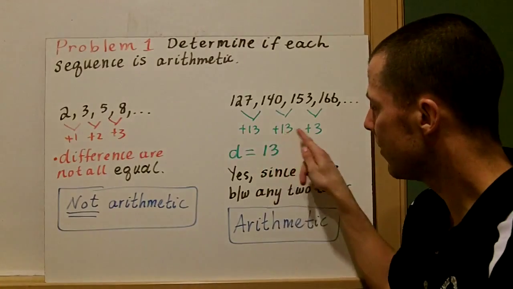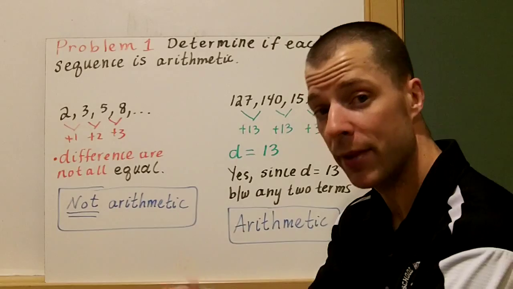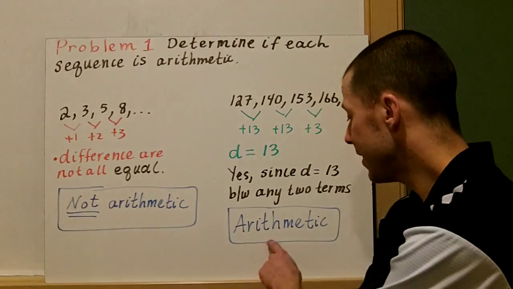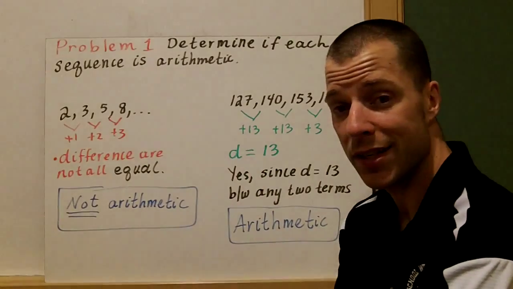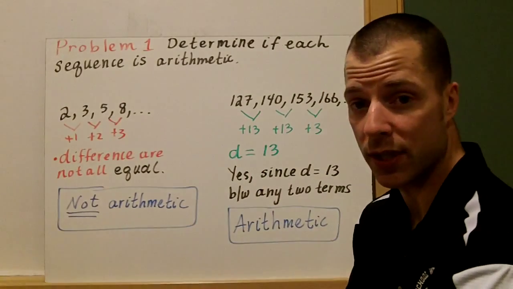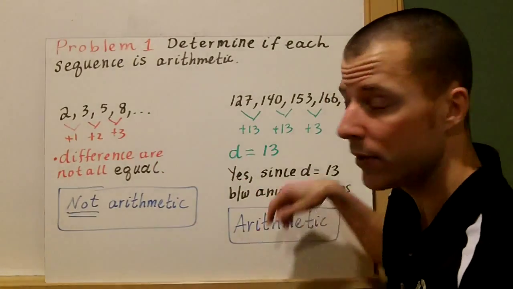So each of these common differences is the same number. It's common. The differences are all the same. That is an arithmetic sequence since the common difference is the same, and in this case it's 13. The first was not an arithmetic sequence. This is an arithmetic sequence.